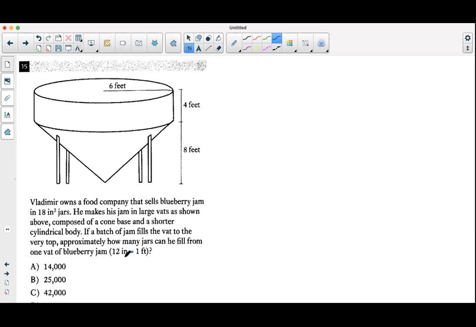So in fact, I'm going to assume that whatever happens here, the entire container will be going into the blueberry jam. That's what we're going to assume.